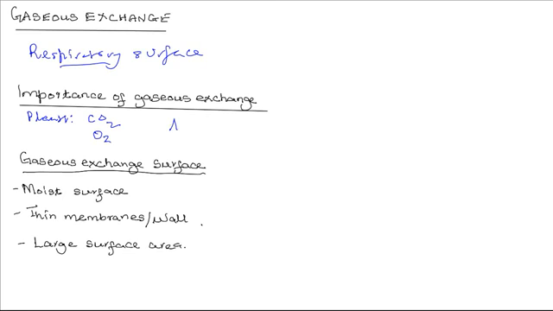In animals, the gaseous exchange requirement is such that animals require oxygen for respiration, which produces carbon dioxide as a waste product. So animals constantly take in oxygen and remove carbon dioxide.